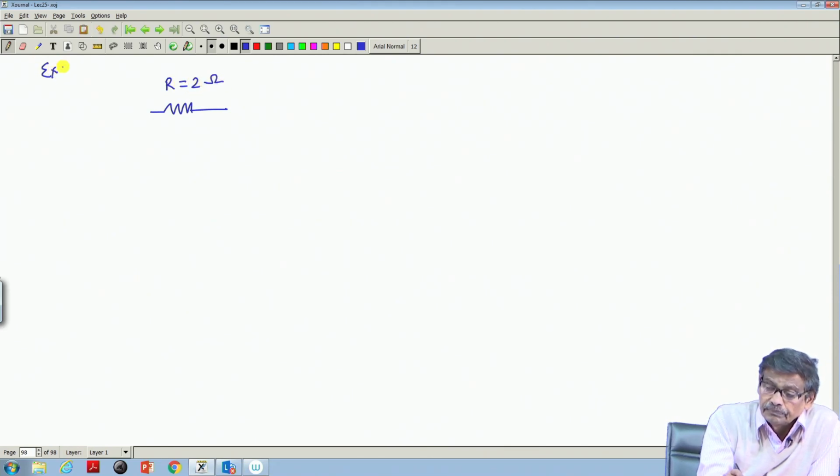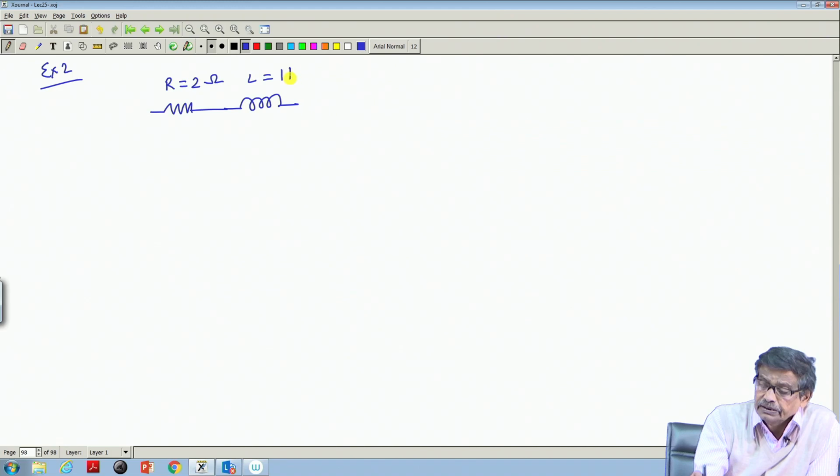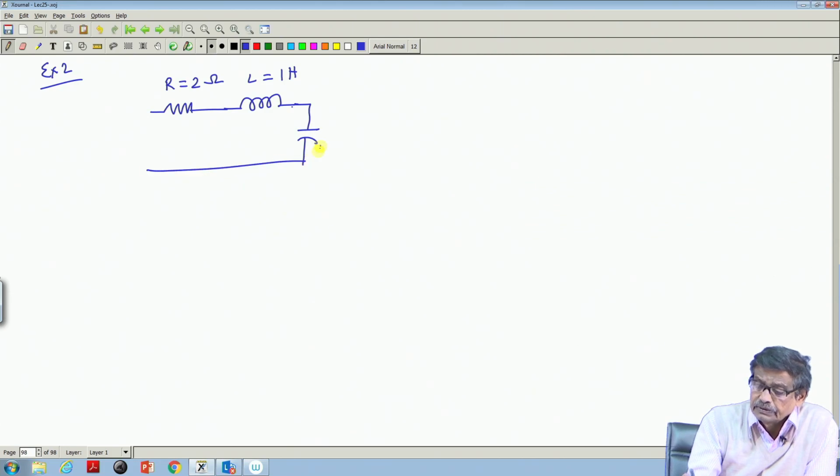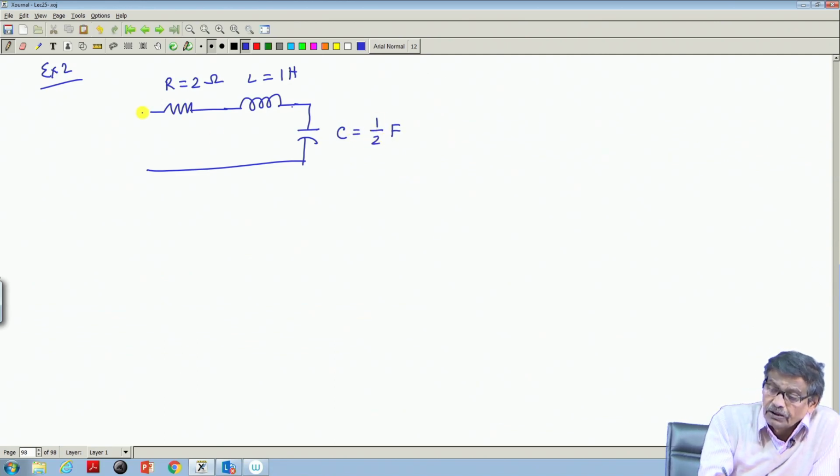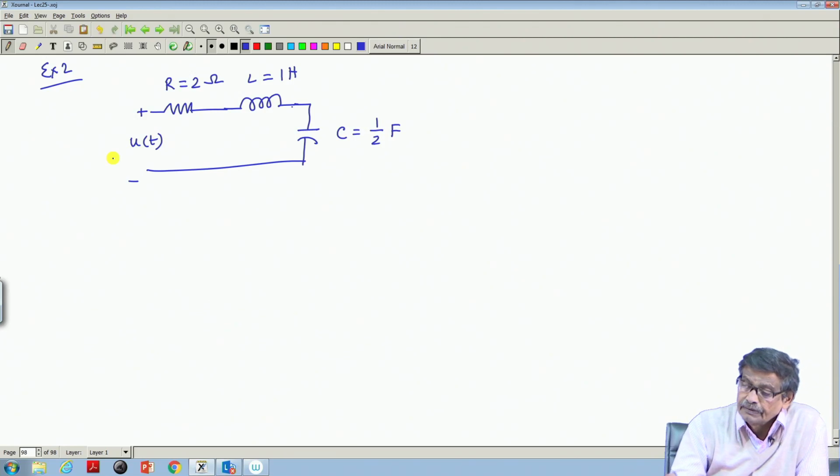Example 2: R equal to 2 ohm, inductance let it be 1 Henry only and this capacitance value let us change it. Suppose capacitance value is half farad, C is equal to half farad, and let me do it now very quickly. Here the voltage applied is unit step voltage.